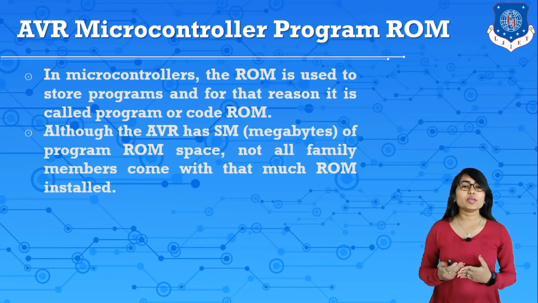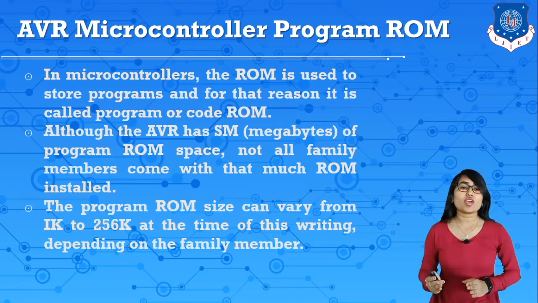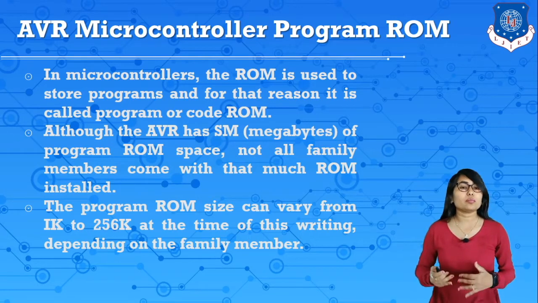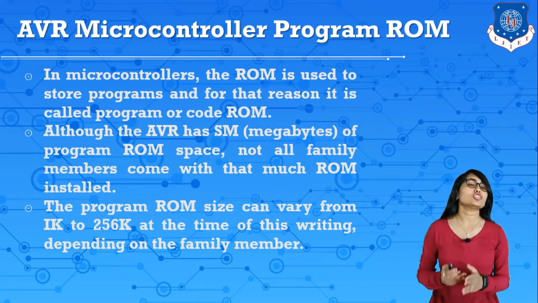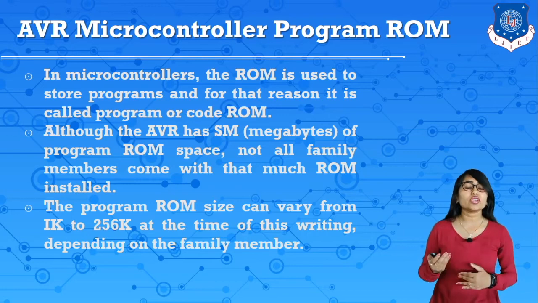Not all family members come with that much ROM installed, so the program ROM size can vary from 1K to 256K at the time of this writing depending on the family members. So ROM has different kinds of size depending on which AVR controller we use.